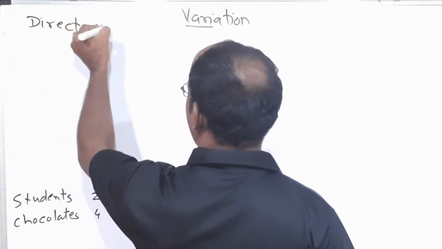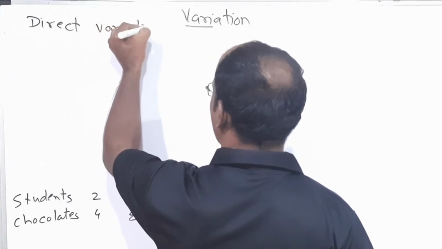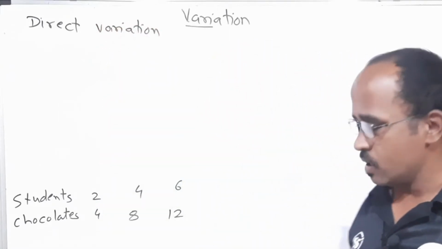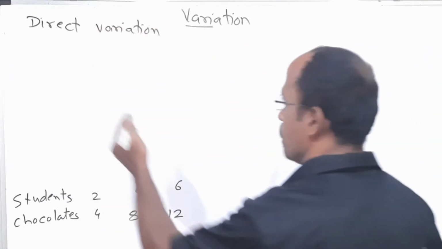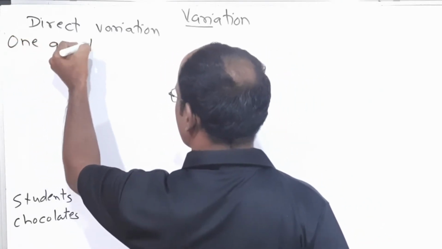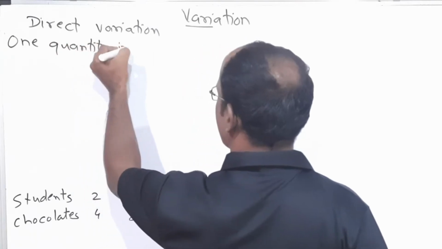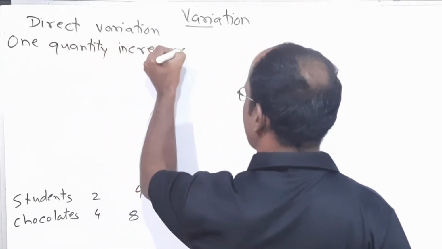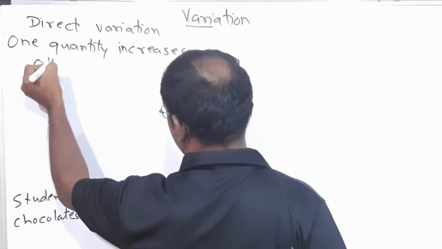So students, how to identify direct variation? See the effect of changing of the quantities. If one quantity increases, the other also increases.